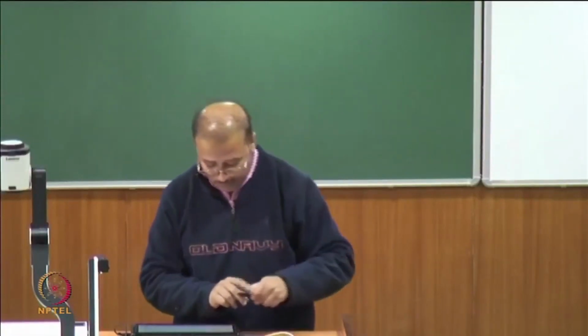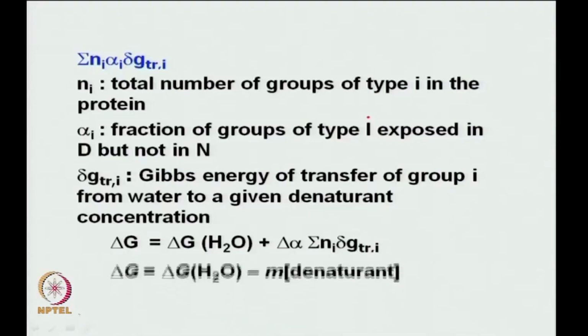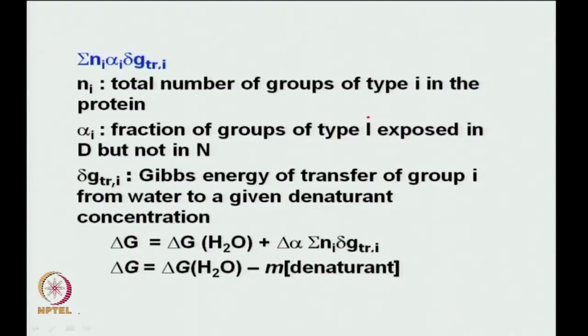How? If this is what I am writing, I also know delta G is equal to delta G H2O minus m times the concentration of denaturant. So, if you compare these two equations, what does your delta G transfer I roughly correspond to? It corresponds to minus m times the concentration of denaturant, isn't it?